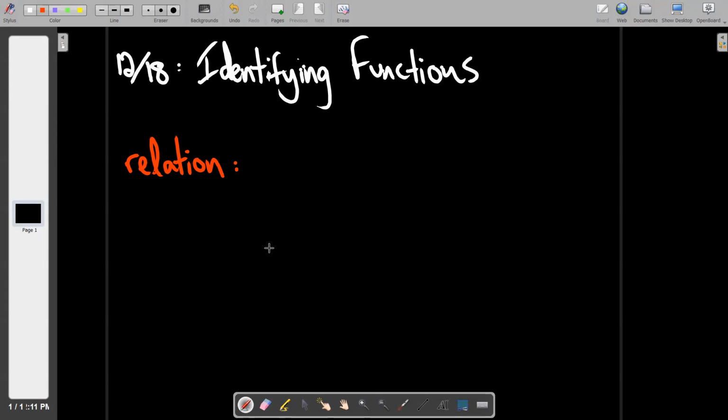A relation. There's no way you know this answer, but I'm going to throw it out because what the heck? Do you guys know what a relation is? I don't know why anyone would know this. In mathematics, a relation is a set of points.